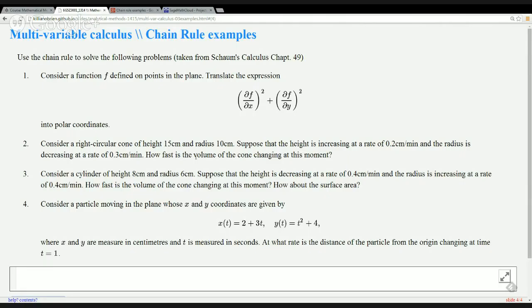So we would have had explicitly the volume as a function of the single variable t, and then obtained dV/dt. But the chain rule gives you a more structural view of the derivative dV/dt. It allows you to see it as a mixture of dV/dr and dV/dh multiplied by how fast r and h are changing respectively.